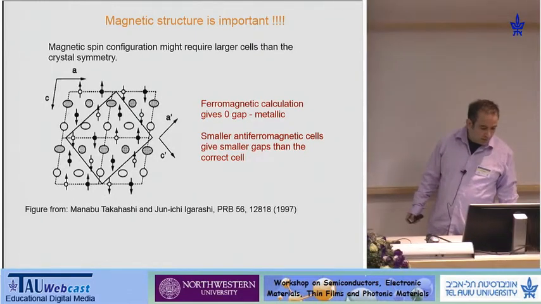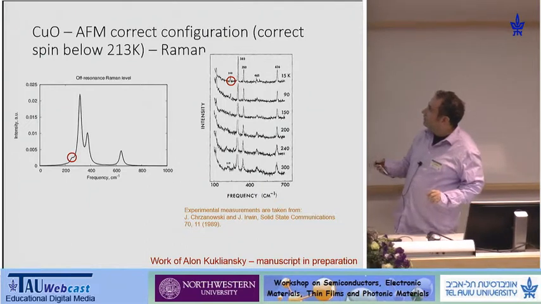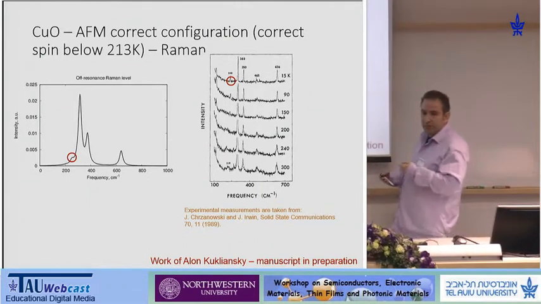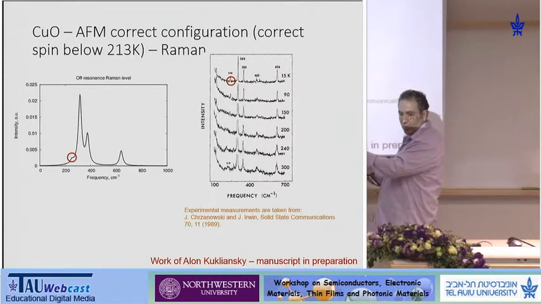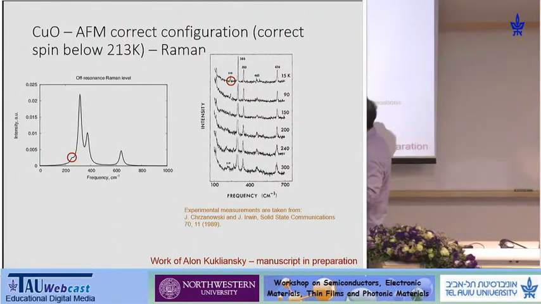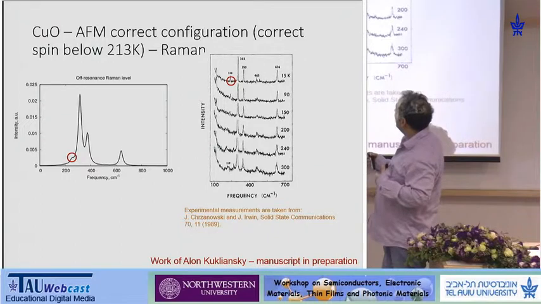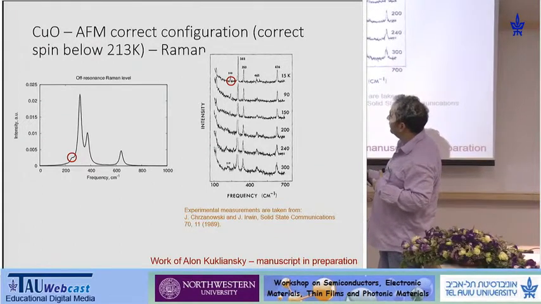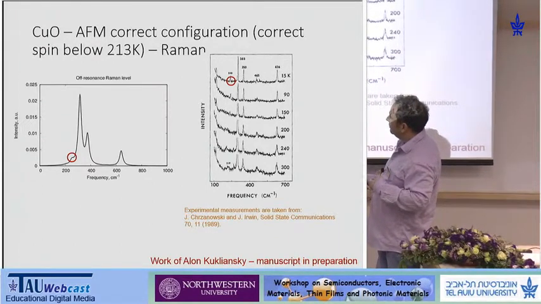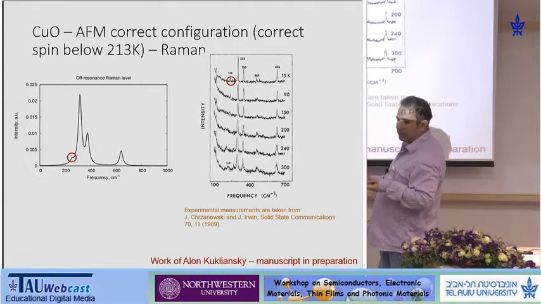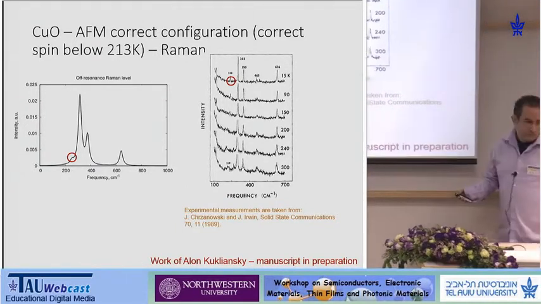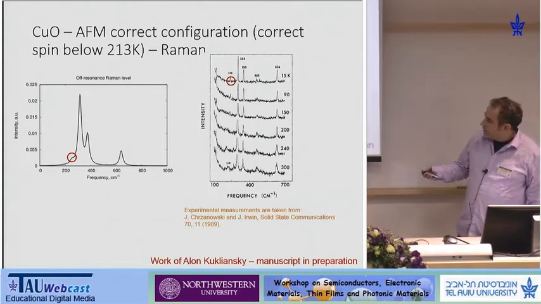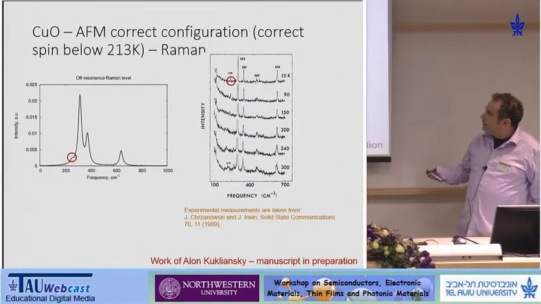So here we got this peak simply because of symmetry breaking that is happening, true symmetry breaking that is not artificial and is happening because of the specific spin configuration. And this work is currently under preparation.